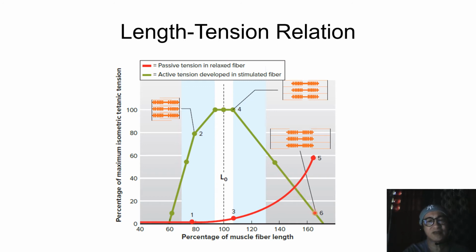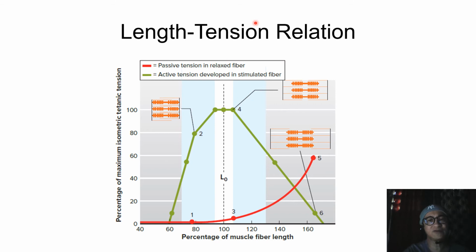At lengths of 175% of the LO or greater, the fiber fails to develop tension again. Although the passive elastic tension would be quite high when stretched to this extent, no tension can be developed beyond 175% of the length.